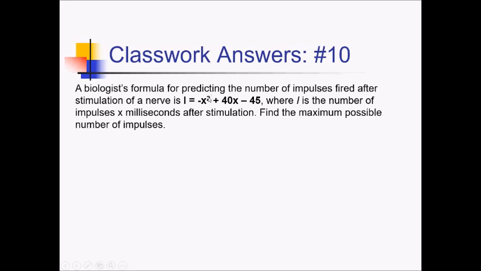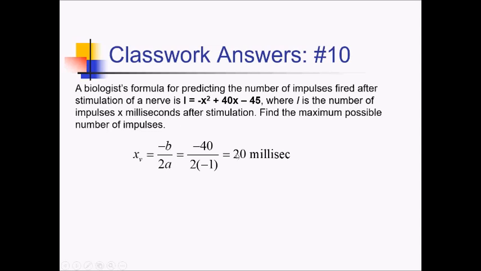Since we're trying to maximize a quadratic function, we need to find the vertex. And since this is standard form of a quadratic, we can use negative b over 2a to find the x value of the vertex. So that's going to be negative 40 over 2 times the a value, negative 1. Since that's negative 40 over negative 2, that's going to be 20, and x is in units of milliseconds.